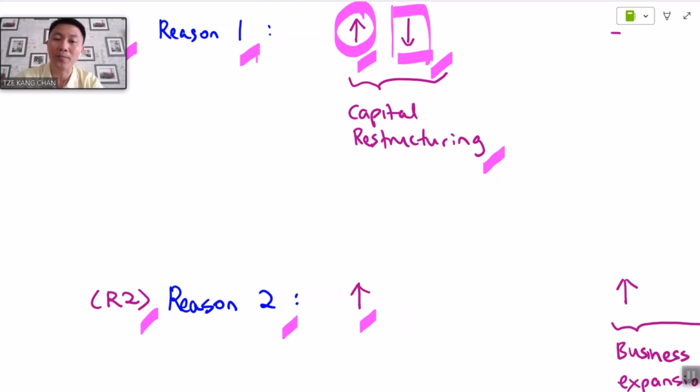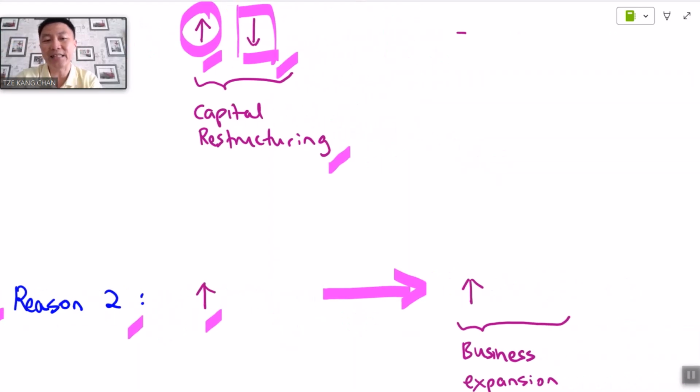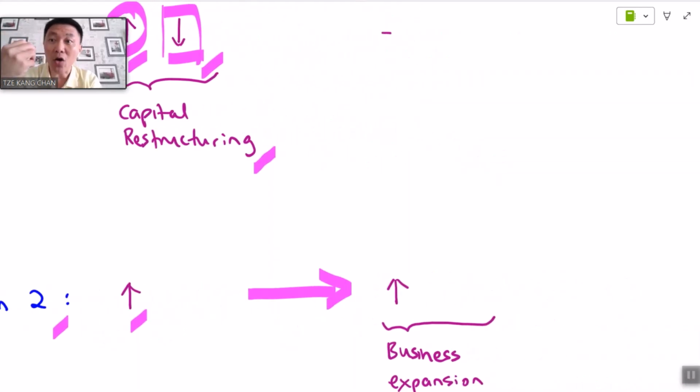Instead of using this additional funding to pay off some of the existing debt financing, this money will flow onto acquiring additional assets, such as taking on a new investment project by building a plant, a factory, or installing additional machines. That's accompanied by additional investment in working capital as well.